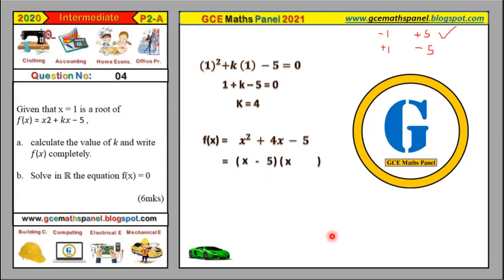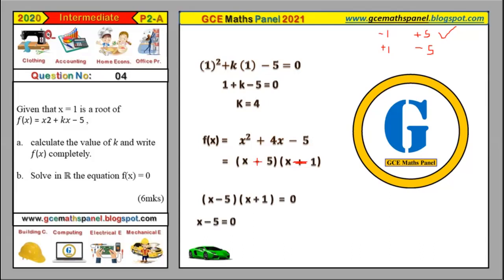So minus 1 and plus 5. When you solve for this, x plus 5, x minus 1 is equal to 0.